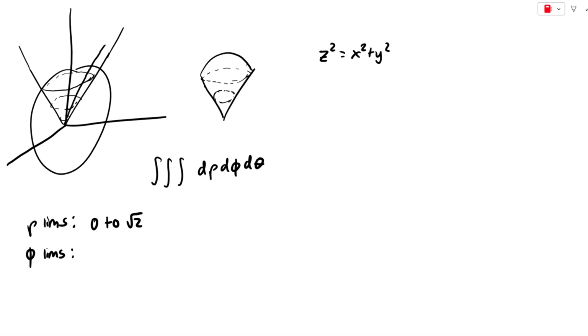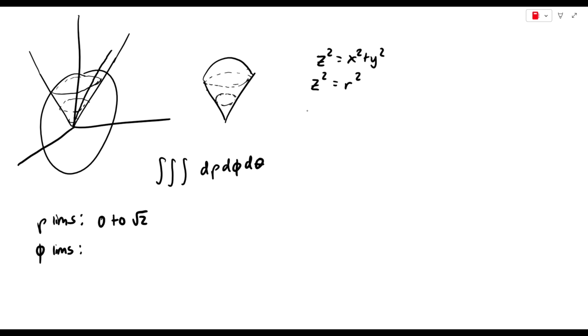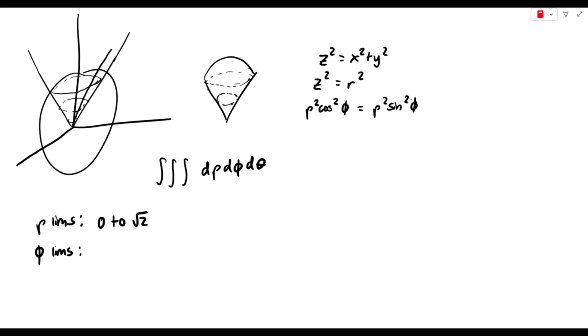Z squared equals x squared plus y squared becomes z squared equals r squared, since x squared plus y squared is r squared from polar coordinates. And then we just replace z and r with their spherical forms. Rho squared cosine squared phi equals rho squared sine squared phi.